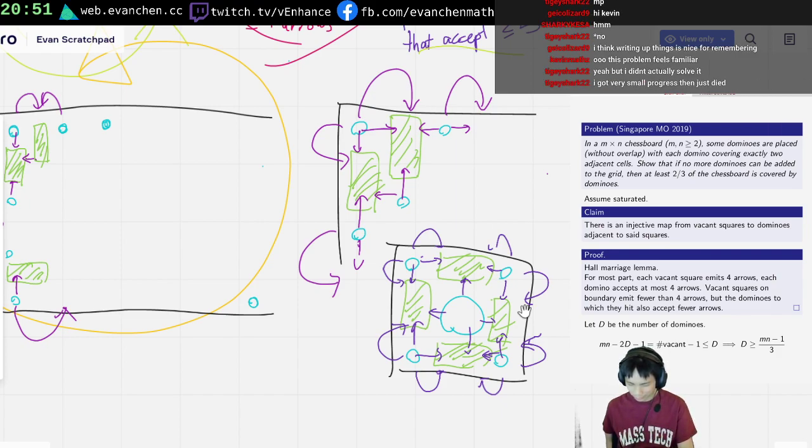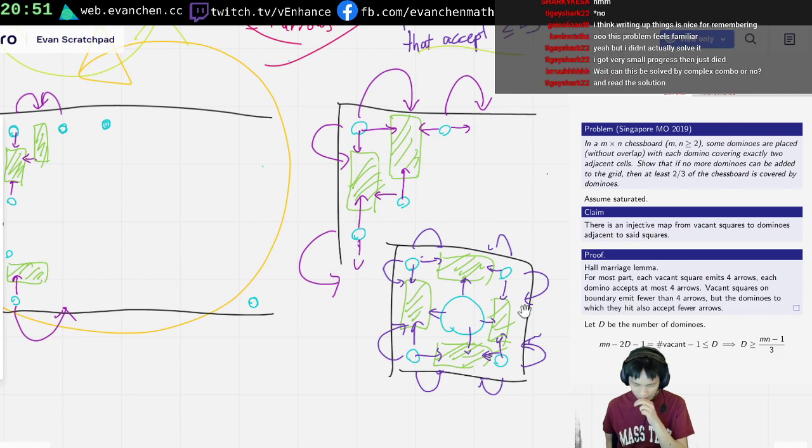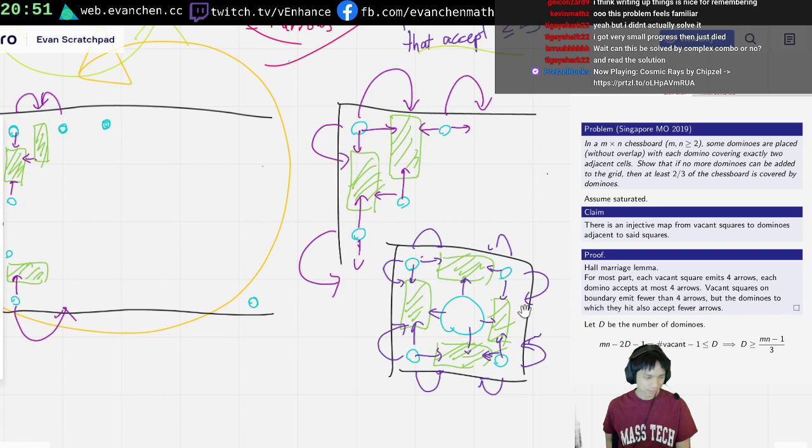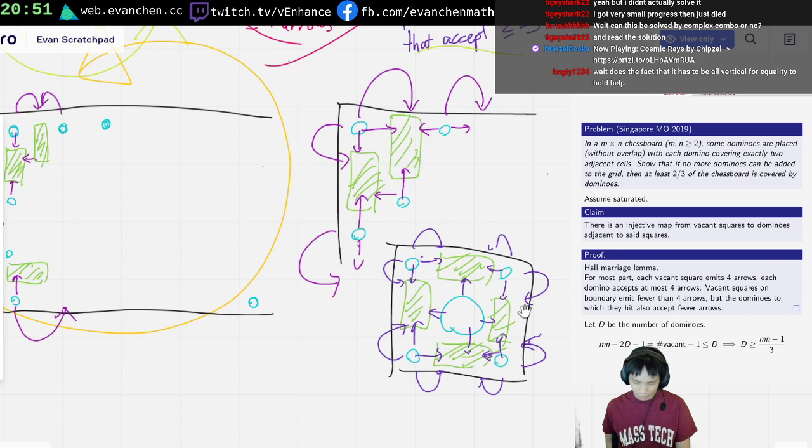How can it be off by so little? Yeah, what is the counter to Blankzilla? All vertical? It doesn't have to be all vertical, does it?